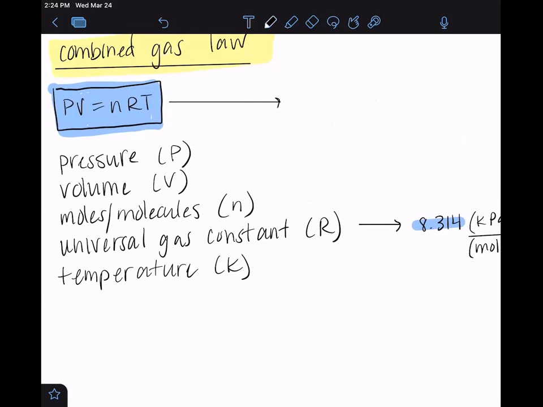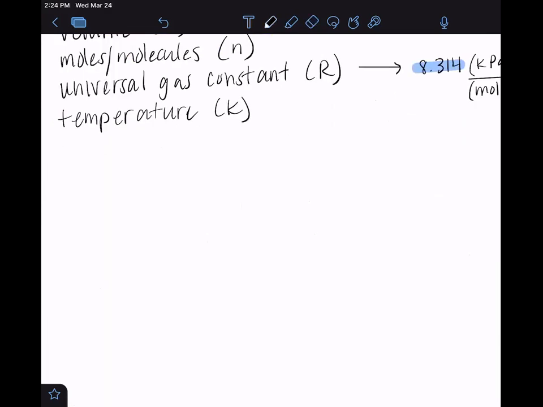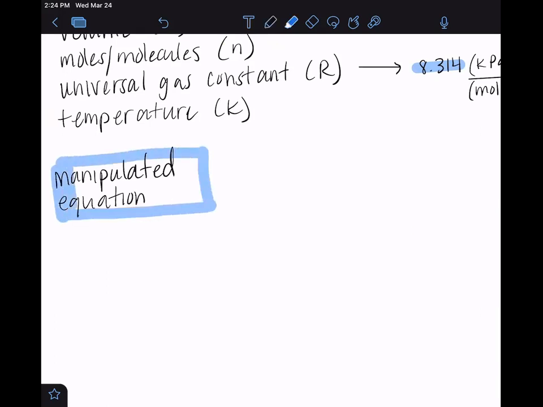So let's say we have PV equals nRT, and we're trying to solve it for... actually, let's write this down here. Okay, manipulate. Okay, so here's the original.